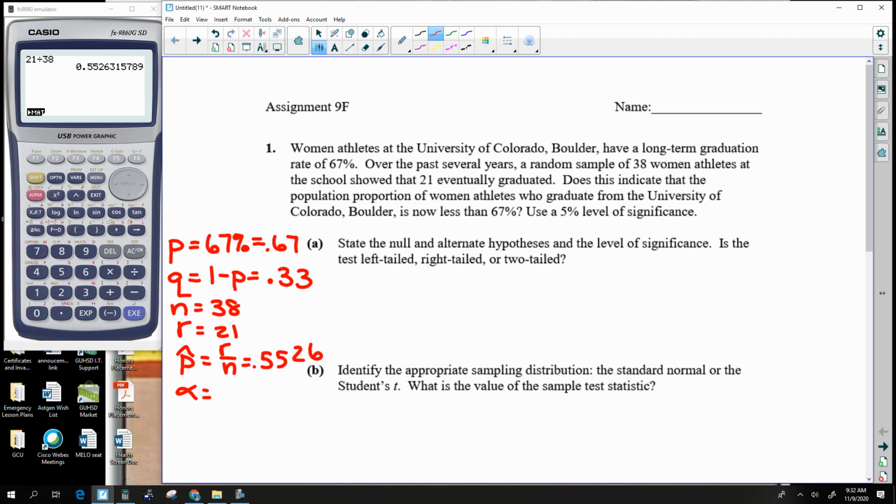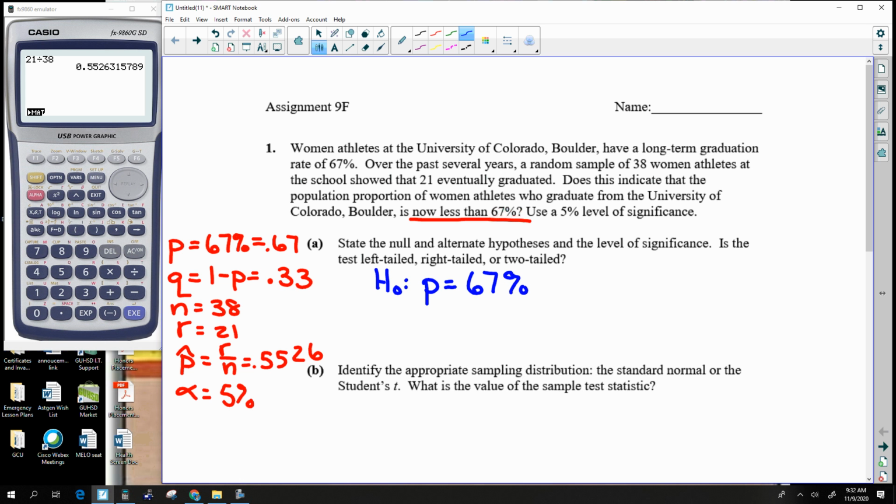We want a 5% level of significance, and the question that is being asked is, is it now less than 67%? So our null hypothesis is what the probability is accepted as historically true.